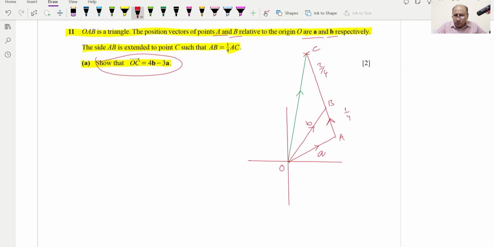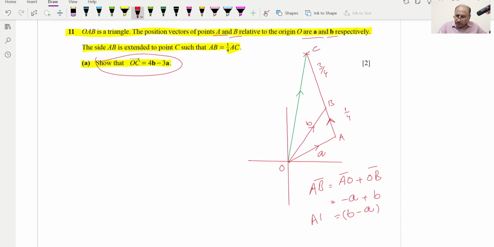AB will be equal to AO plus OB. AO will be minus a and OB will be b, so minus a plus b, or we can write b minus a.